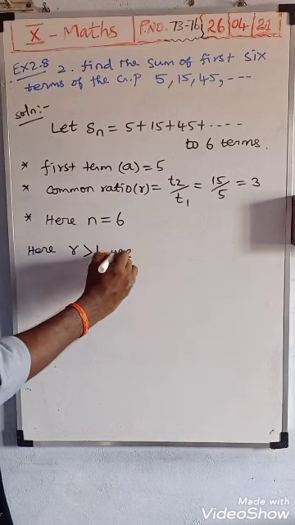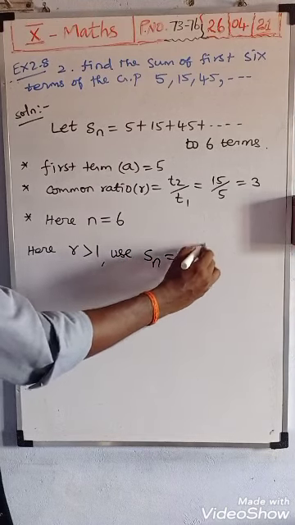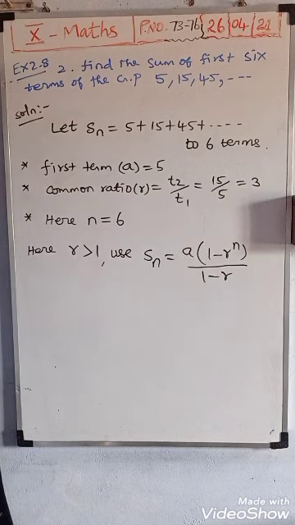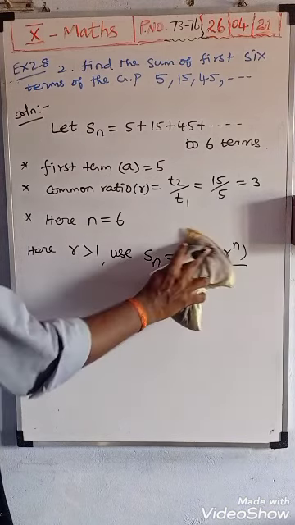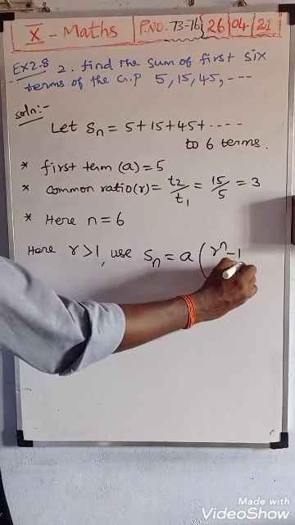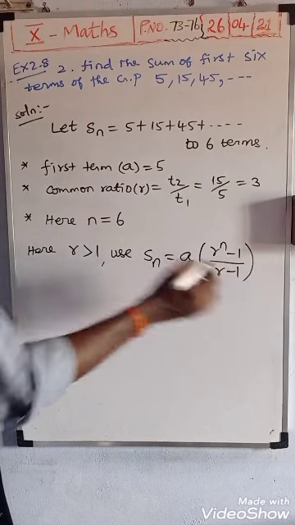Use Sn = A(1 − R^n)/(1 − R). Sorry, here R is greater than 1, so we use (R^n − 1)/(R − 1).